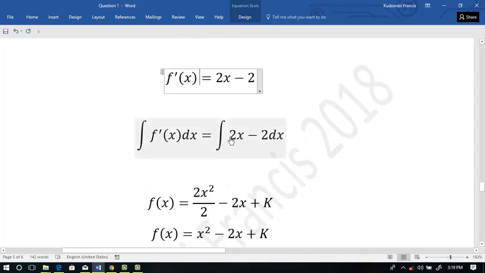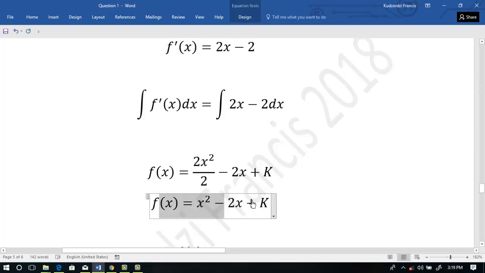Now if we integrate 2x, there's x to the power 1 over here, so 1 plus 1 we get 2, then divided by 2. Then if we integrate -2, we get -2x plus k. That's a new constant of integration, k. So we simplify this to obtain this over here.